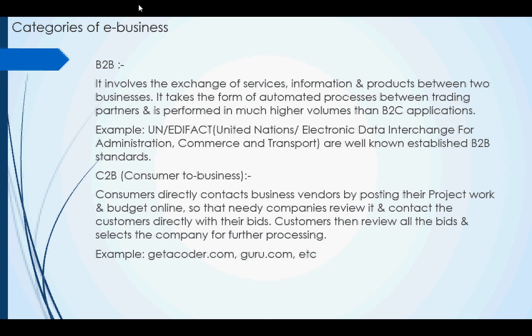It takes the form of automated processes between two trading partners, and is performed in much higher volumes than business to customer applications. So the transaction is happening between the two businesses.